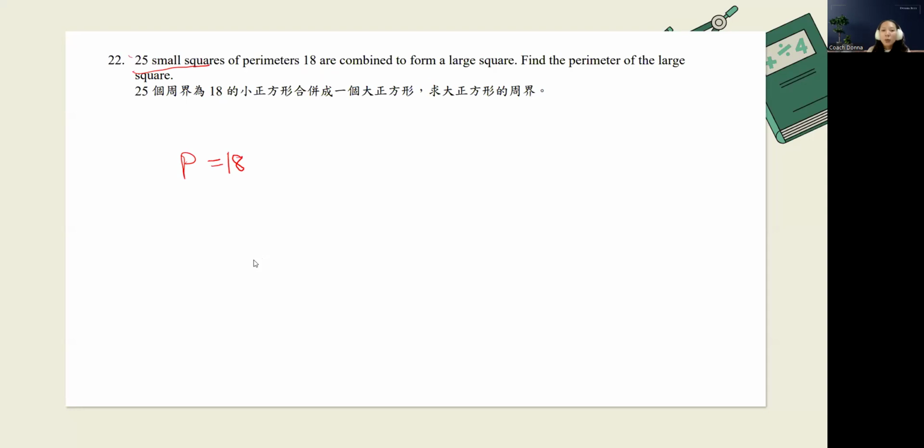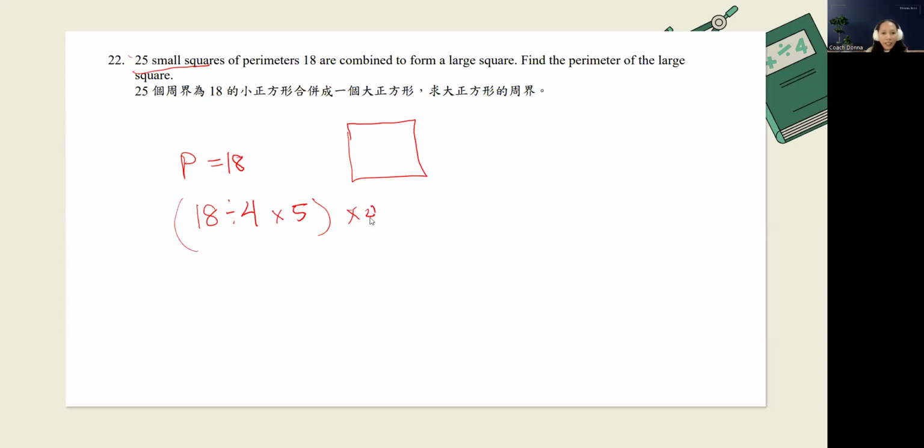the total perimeter of this entire thing is 18. Let's divide it by 4 because a square has equal side lengths. 18 divided by 4, and then we'll have to multiply it by 5, and then multiply by 4 again because there are 4 of those.